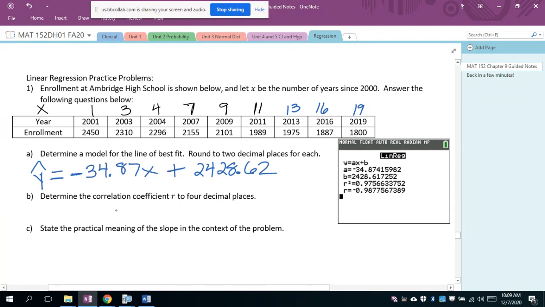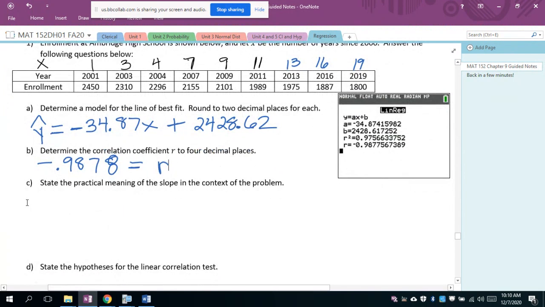And the correlation coefficient R to four places is negative 0.9878. So that's going to be our correlation coefficient R.